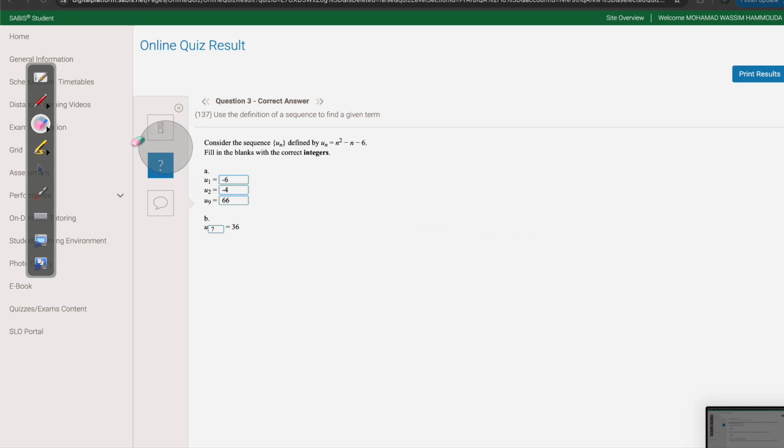And then now they want what term will give us 36. So 36 is equal to n squared minus n minus 6. So what I would do is we would take the 36 to the other side. We would get n squared minus n minus 42 is equal to 0.